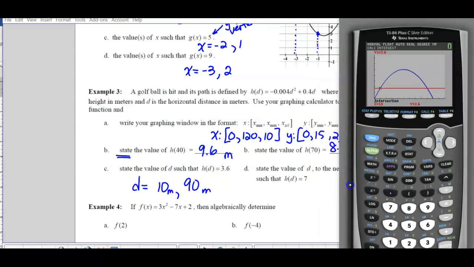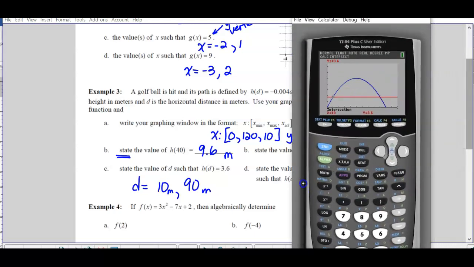And then value d to the nearest tenth such that h of d is 7. So go to your y equals. It's not cooperating. Okay, so graph it. Go to y equals, which is not cooperating for some reason, so I'm going to do it here.